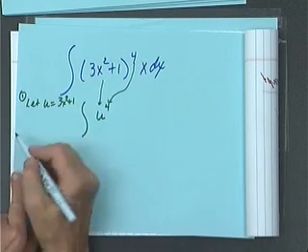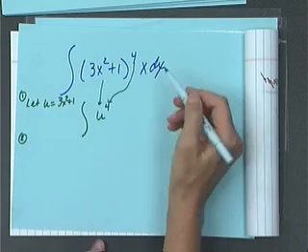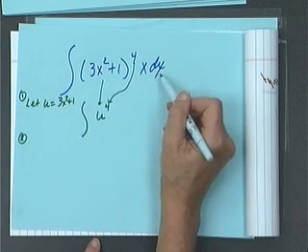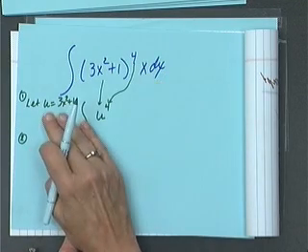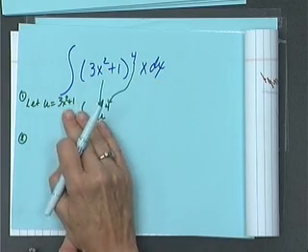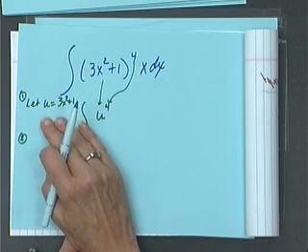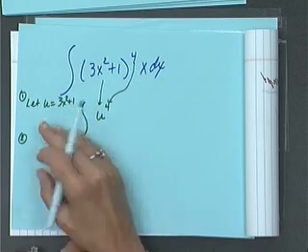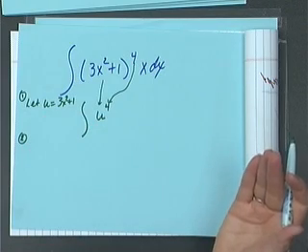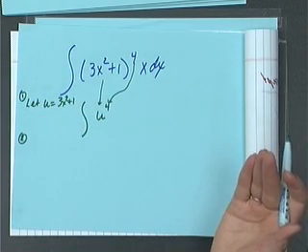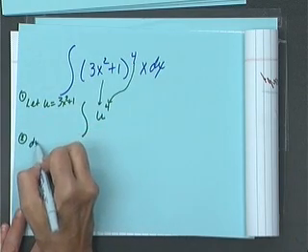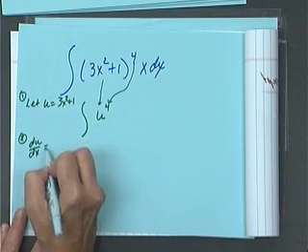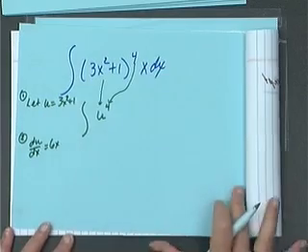Step 2 says I've got to line something up with the x dx. The only way I'm going to find a dx when I've got a u, which is a function of x, is to come back and take the derivative. So step 2, generally, will be to take the derivative of u with respect to x and get 6x.